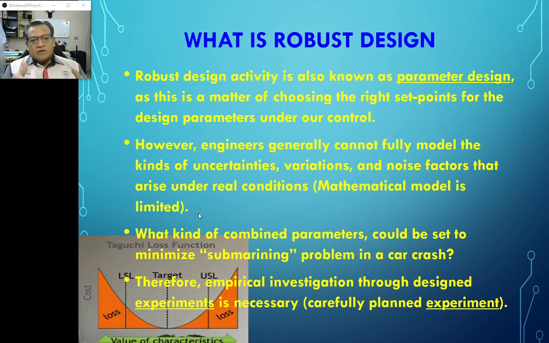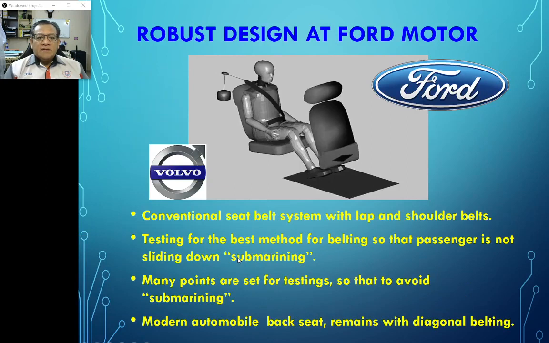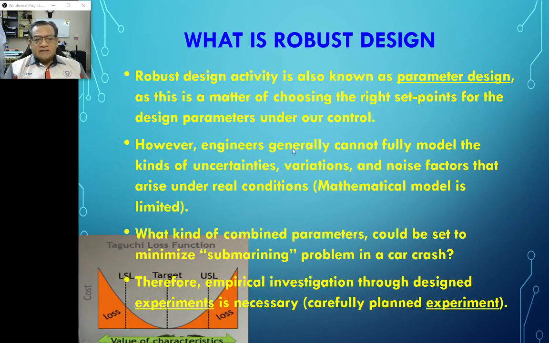If you create the formula of this relation between A and B, it is very limited. You can test just a few kinds of settings. So in order to determine or minimize the submarining problem, okay, submarining problem is how far this back passenger moves forward upon a crash, or how far downward it is sliding, which is called submarining. So Ford wants to test this kind of problem in a car crash, right?